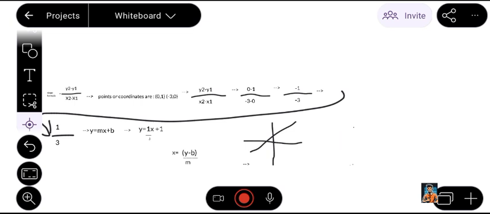Now, another way you can do this is to use a TI calculator, a TI-Nspire. I actually use a TI app, the TI-84 app, that you can just put on your phone. It's easy, free, and you can do this really easily. All you have to do is go to y equals on your TI calculator and put the equation in y equals.